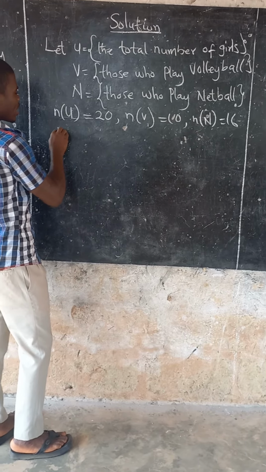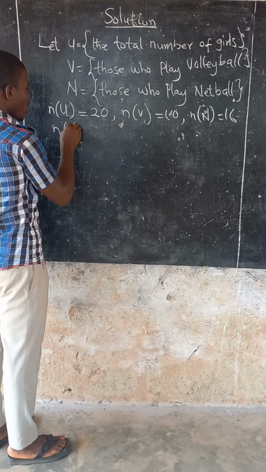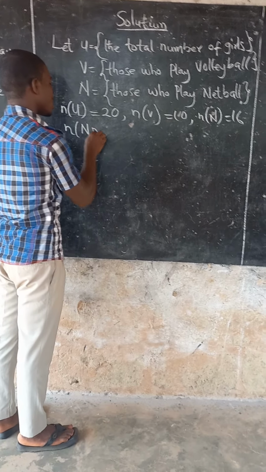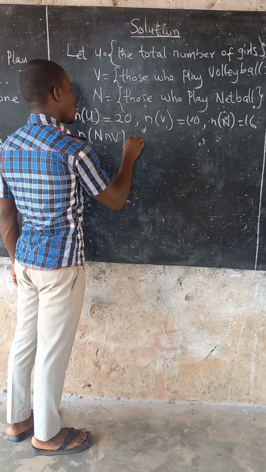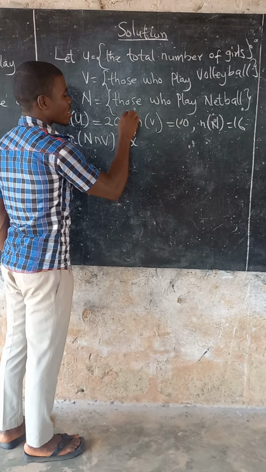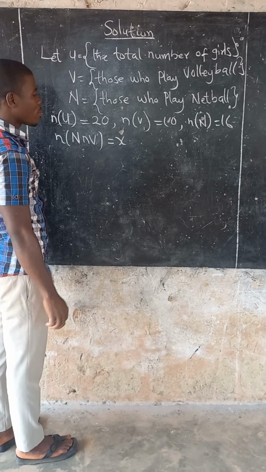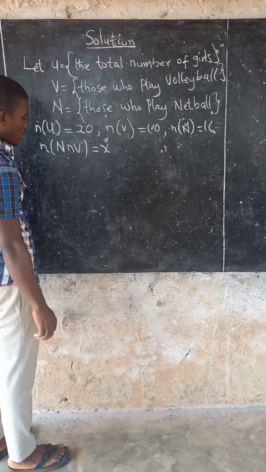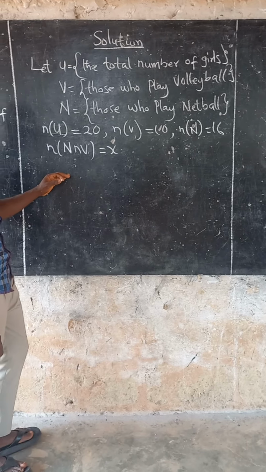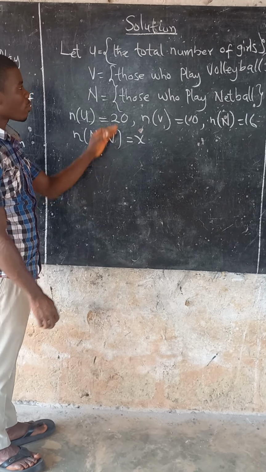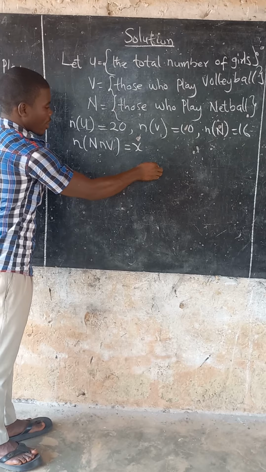The last thing, the number of N intersection V, we don't know, so let's represent it by X. So let's try and bring this information onto the Venn diagram.